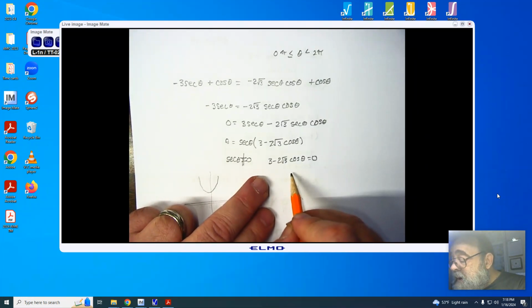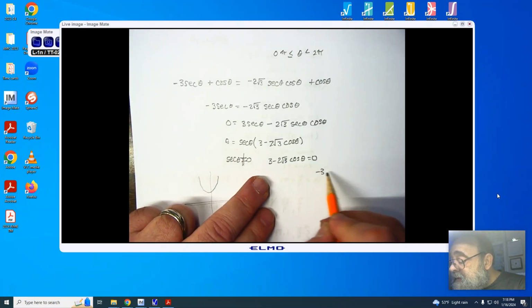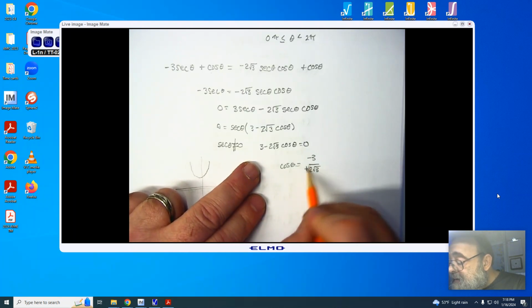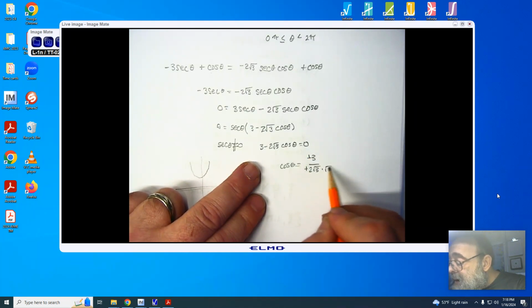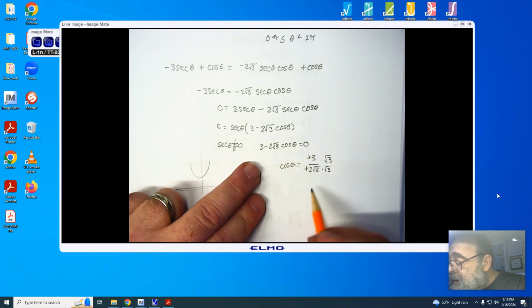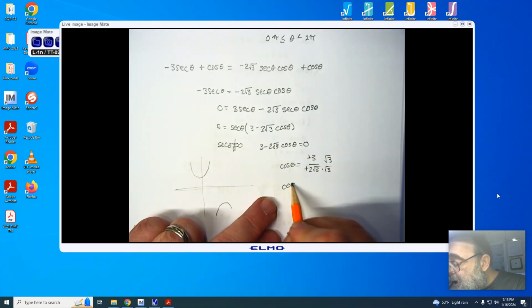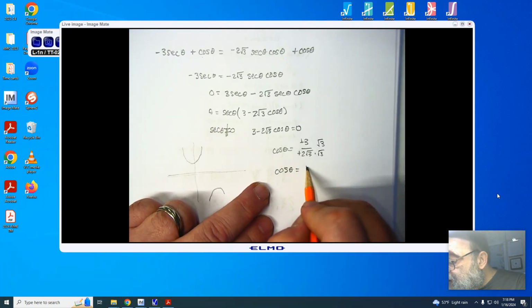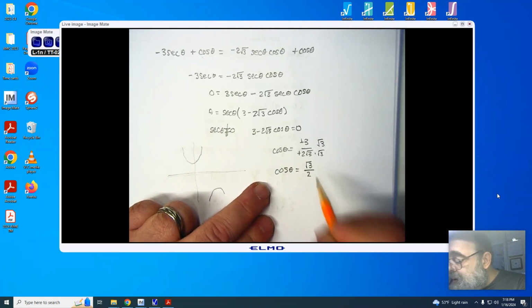Solving, I have negative 3, and I'm going to divide by negative 2 root 3 is equal to the cosine of theta. Double negative becomes positive, multiplying by root 3, and I end up getting cosine of theta is equal to root 3 over 2.